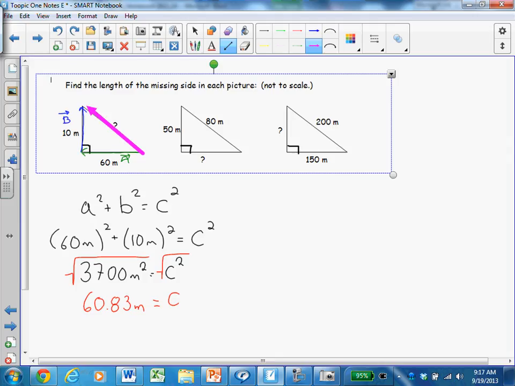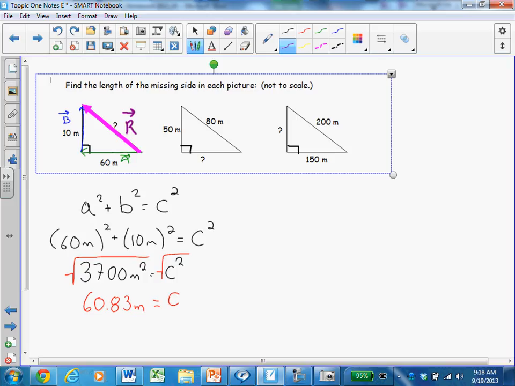It's the vector sum I'm asking for. The vector sum, you start at the tail of the one and go to the head of the other, don't you? Right? So how would I find this resultant, R? I would do this, right? So R is 60.83 meters from our Pythagorean theorem, okay?